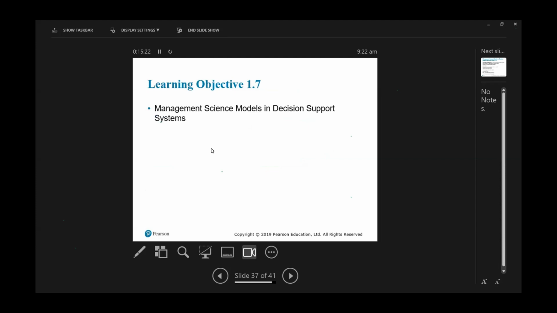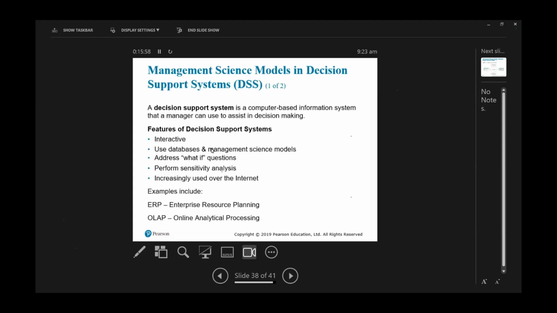So what we will do is to go through the techniques so that you can understand how they are applied in real life, and then also the objective is for you to possibly use it to resolve problems at your workplace. And that brings us to how management science models support decision support systems. In other words, how are management science models integrated into decision support systems.